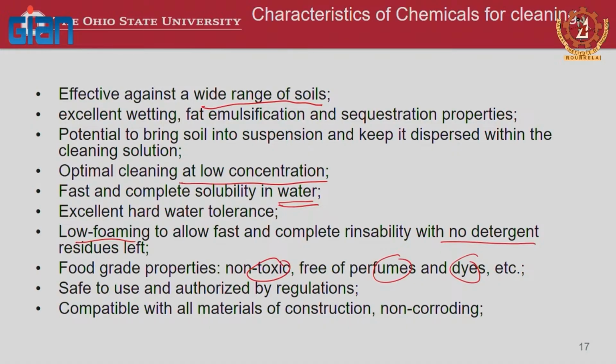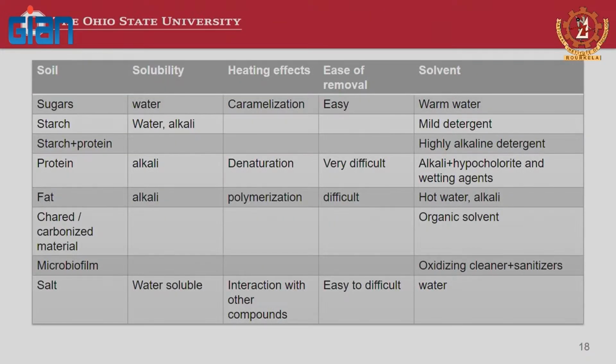First and foremost, the regulations oftentimes dictate what type of detergents you use and so on. So, here we have different types of contaminants, for example, sugar, starch, protein, fat, salt and so on.